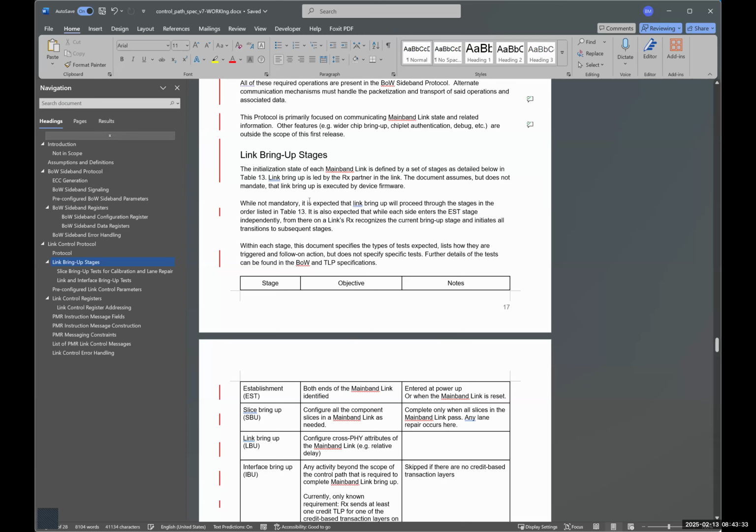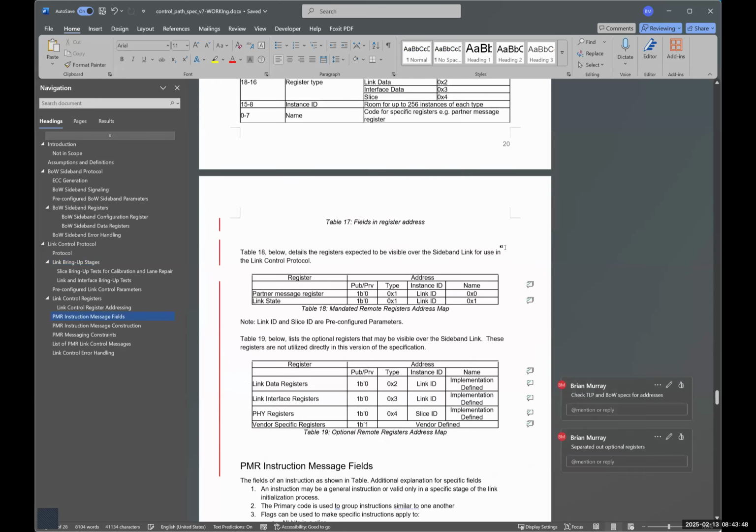While not mandatory, the expected link bring up will proceed through the stages in the order listed in table 13. I guess since we don't mandate it, that's why it's in general. Right. Okay. I'll just add a note there then.